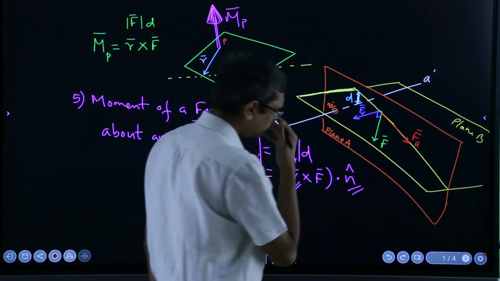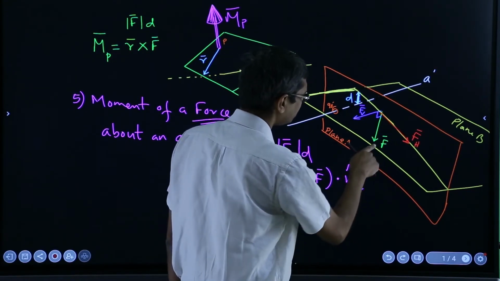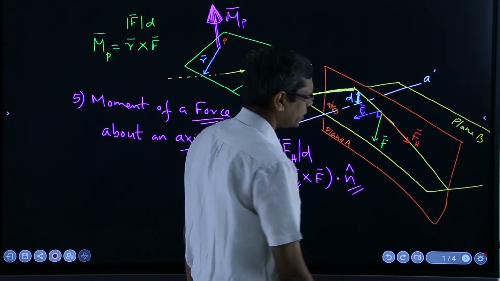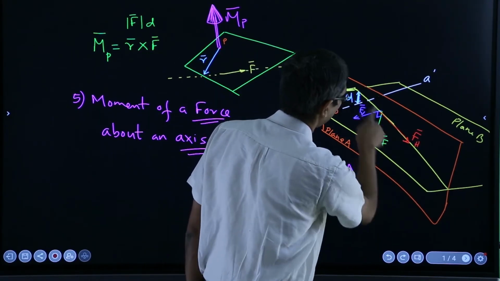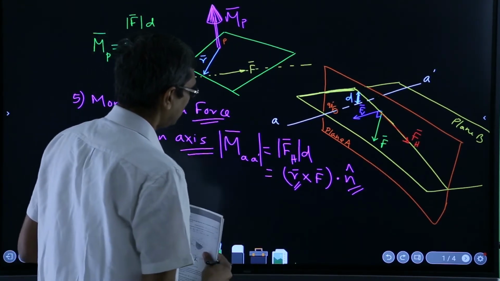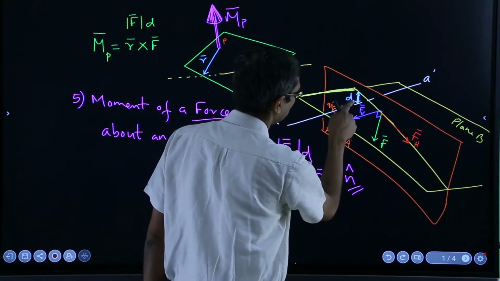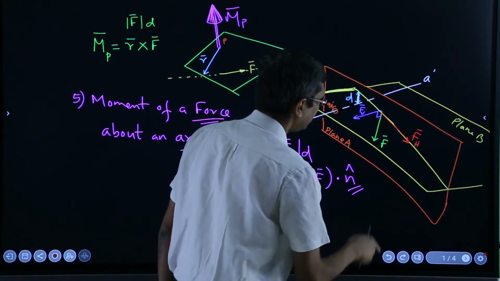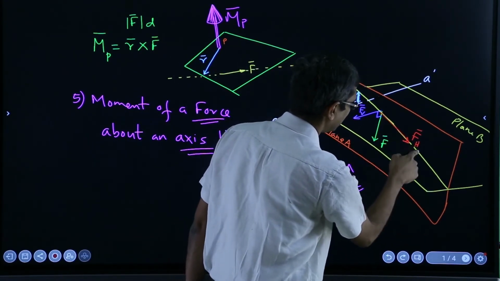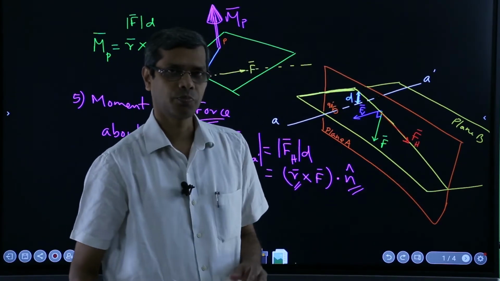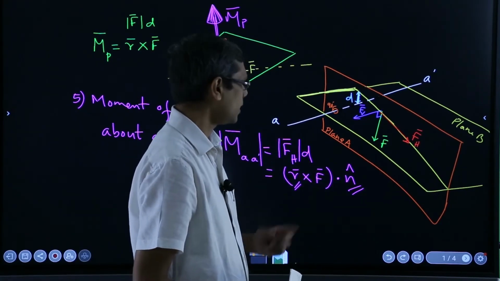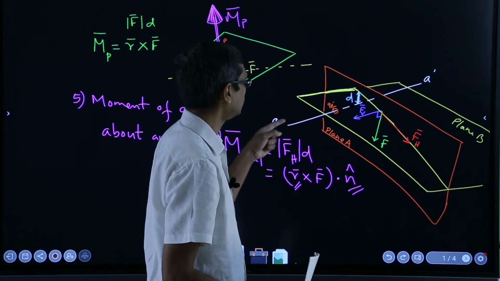One more very important point to observe: when we resolved F in these two components, this line does not look perpendicular to this because of the inclination of this plane, but the vector FH is also lying on this plane A, the orange plane, and the orange plane is perpendicular to A prime.